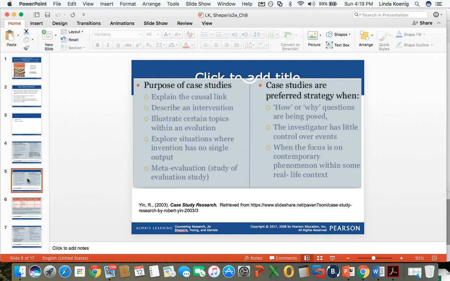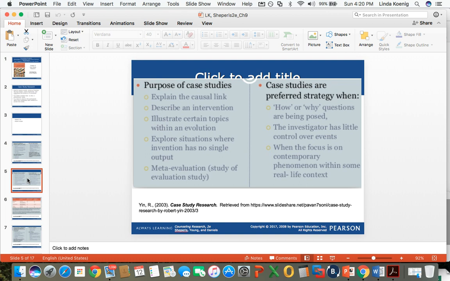One of the things that has occurred to me as I've been reflecting on case studies is that we have noticed that there is a lot of drug activity in our area. If you watch the news at all, you notice that there's lots and lots of problems with opiates. So one of the things that might make an interesting case study is looking at the response of families who have a person who is addicted to opiates.